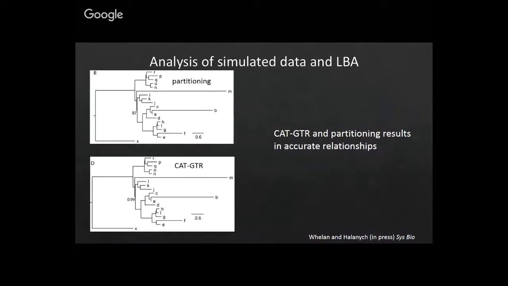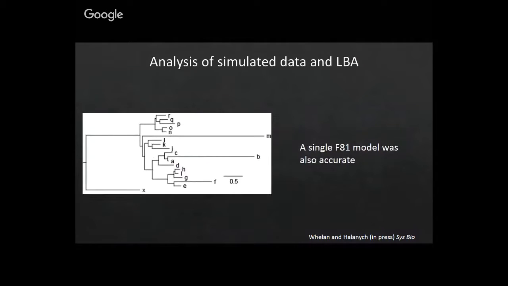And then CAT-GTR and partitioning, as we saw with the other data sets, resulted in accurate relationships. So at least with these data sets that were susceptible to long branch attraction, CAT-GTR and partitioning appear to be performing approximately similarly in inferring accurate branching patterns. But perhaps most troubling in terms of the performance of CAT-F81 was that when we use a single F81 model, and we saw this with some of the smaller data sets as well, the F81 model resulted in an accurate tree.